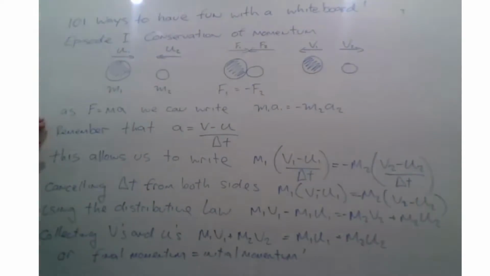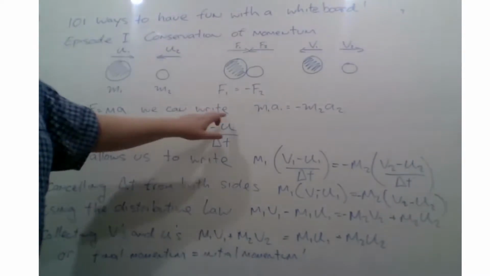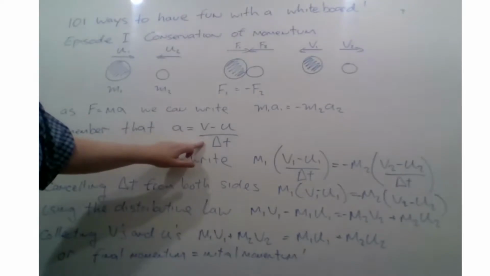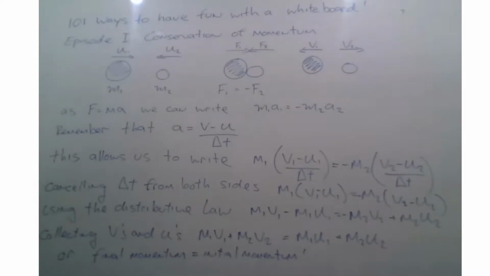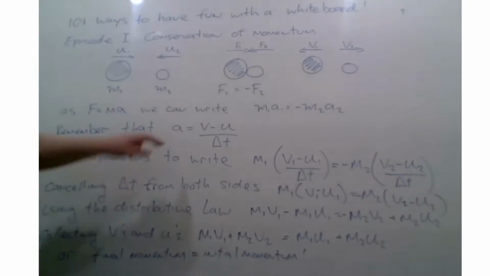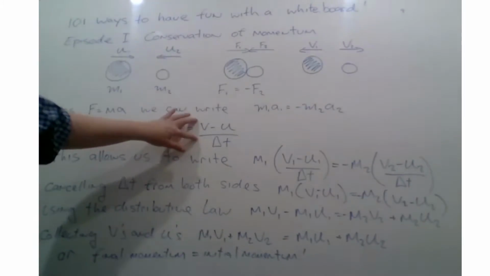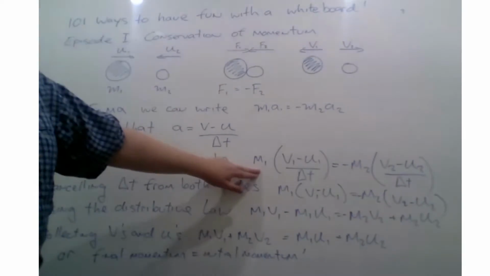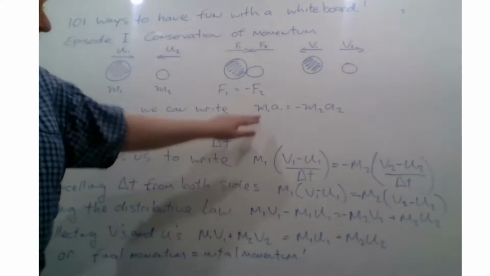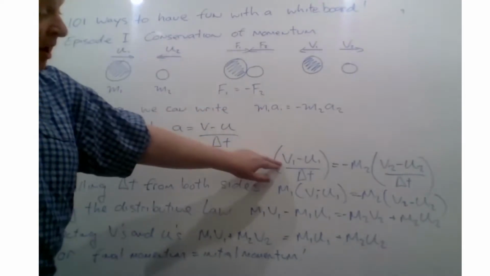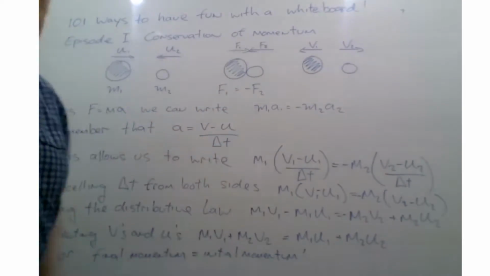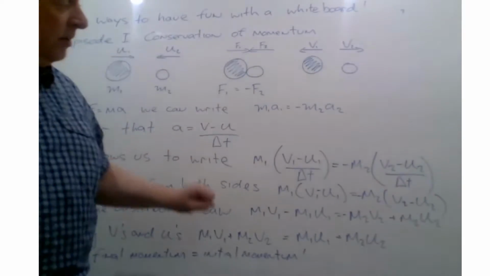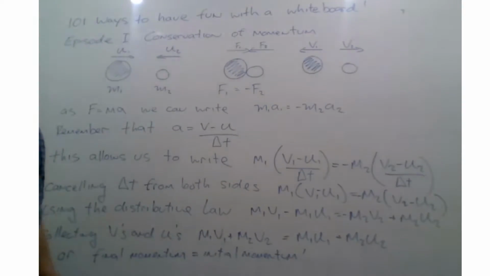Now remember that acceleration is just the change, final velocity minus initial velocity, over the period of time that the force is applied to an object and there's a change in velocity. Now if we sub this relationship into this expression, we can write it out with acceleration expanded in terms of v1 and u1 for ball 1, and v2 and u2 for ball 2.